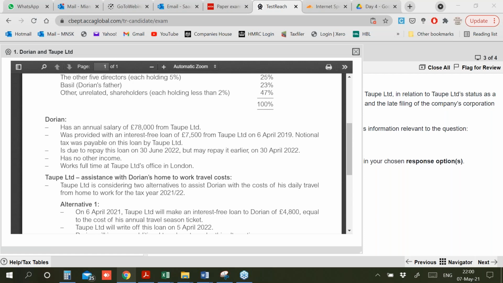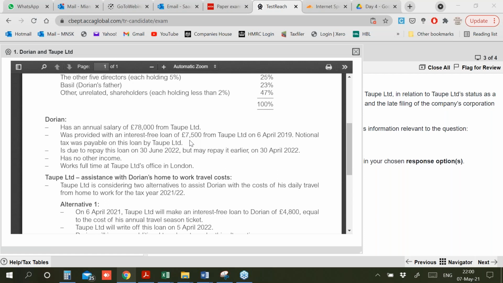Not, guys, because he has exactly 5% holding and as per the rule he must have less than 5% of the holding. So that is why it is mentioned here that notional tax will be payable on this loan by T Limited. So T Limited will submit the 32.5%.